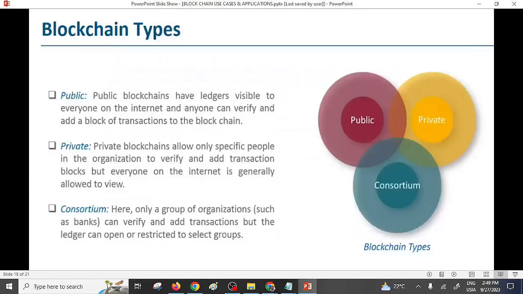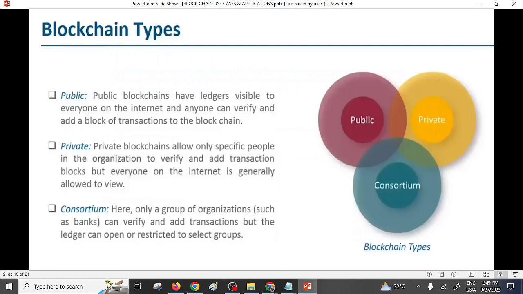Consortium is close to private, but here is where Bank X, Y, and Z, as long as they have similar business processes, can come together. It can be banks, it can be insurance companies, as long as they have almost similar business processes, then they can implement a consortium kind of blockchain.